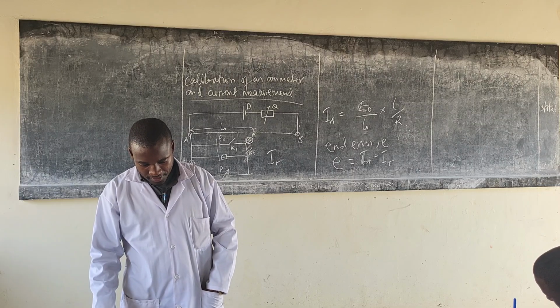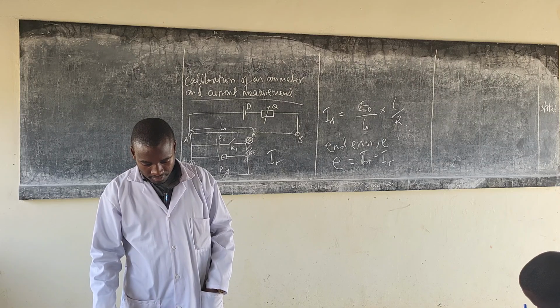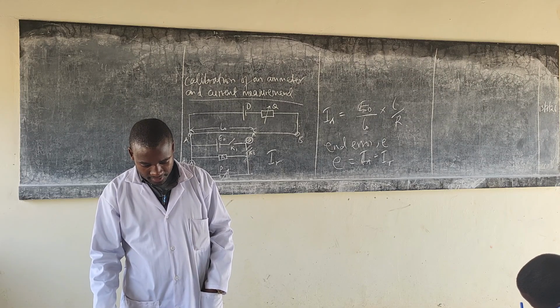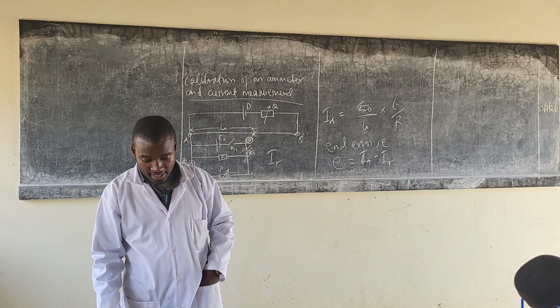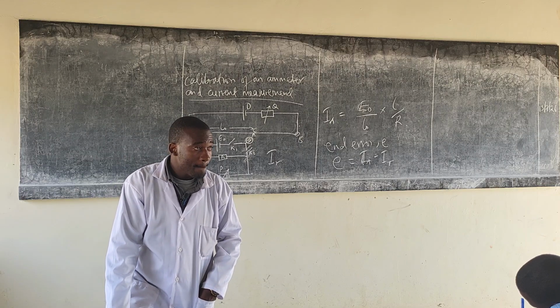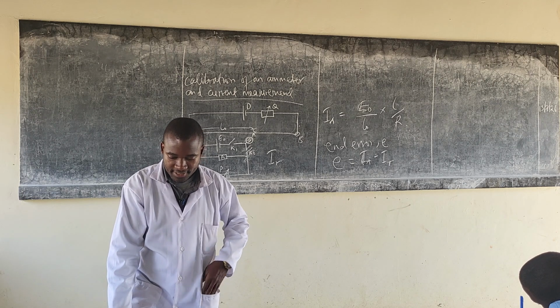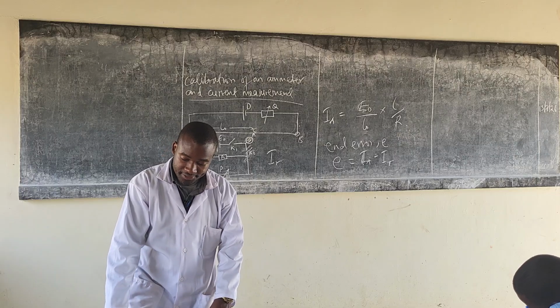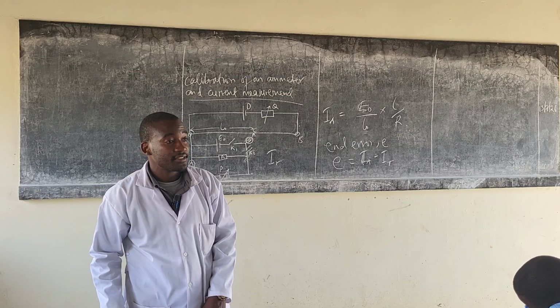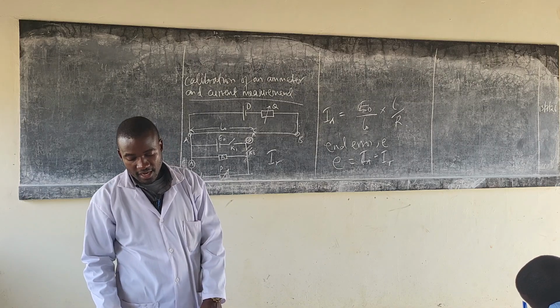Another bullet. The experiment is repeated for different adjustments of P, and hence for different readings of the smallest current IR.